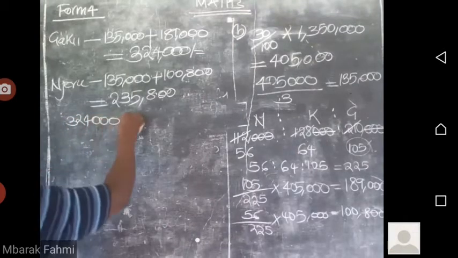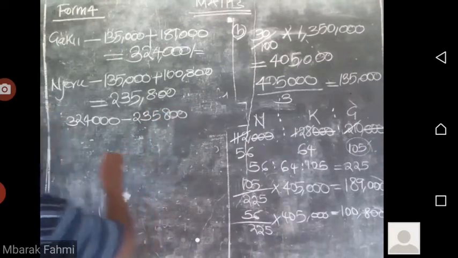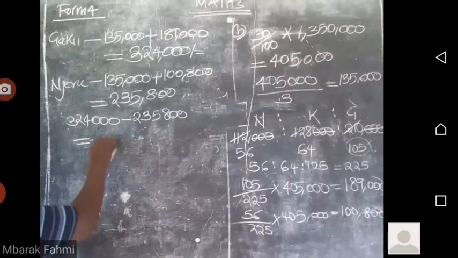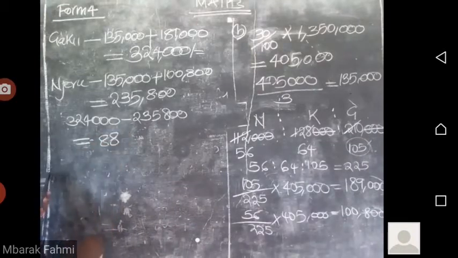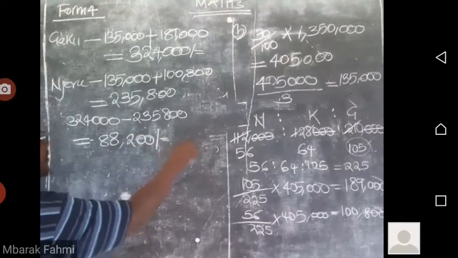So the question is the difference between the amount received by Gaki and Jero. It will be 324,000 minus 235,800 shillings. That is going to be 88,200 shillings.